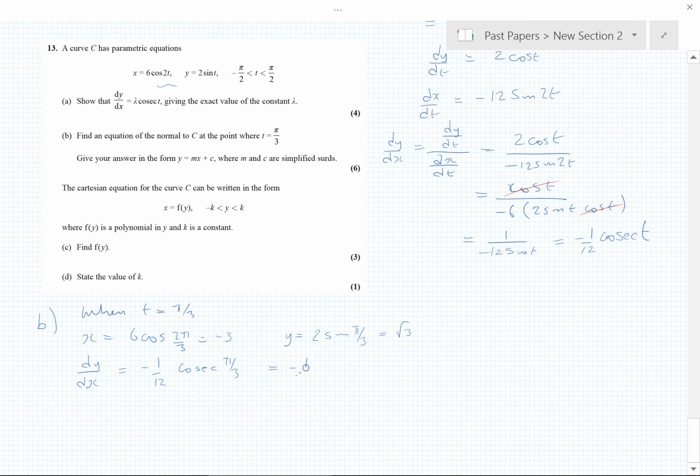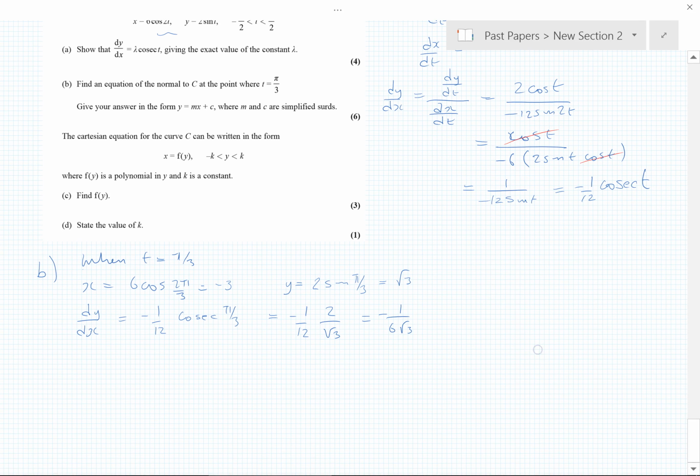So that's minus 1 over 12. Now sine pi by 3 is equal to the square root of 3 over 2. So that's 2 over the square root of 3. So that equals minus 1 over 6 the square root of 3. I'm not going to bother rationalising because we want the normal.